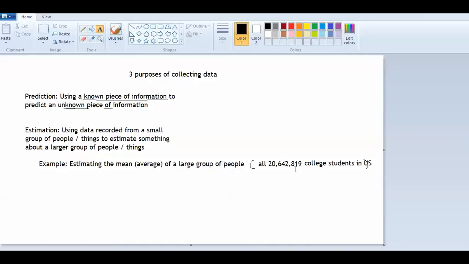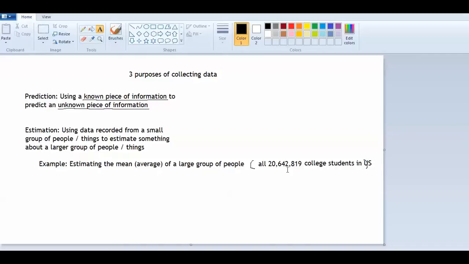So what you would do instead is maybe select a certain number of college students to be your volunteers, maybe a few hundred college students, and record their GPAs. For example, I'll just make up a number right now.